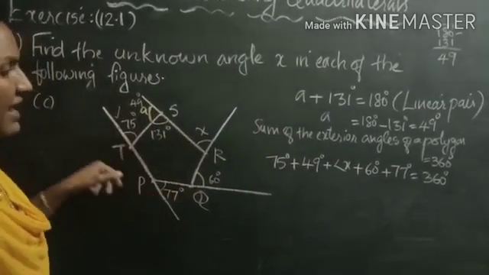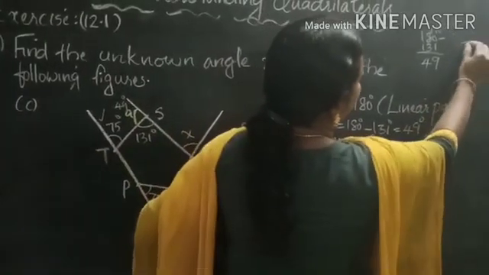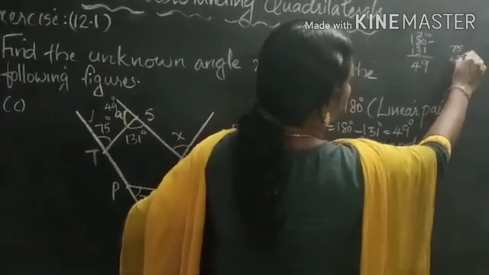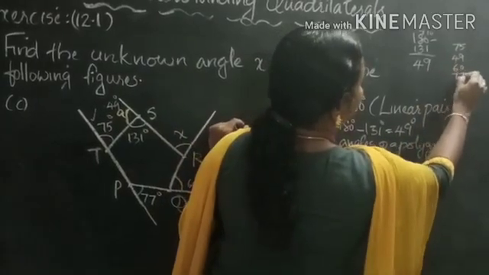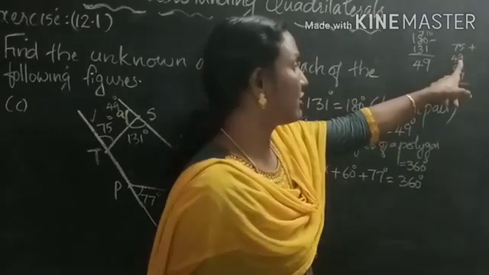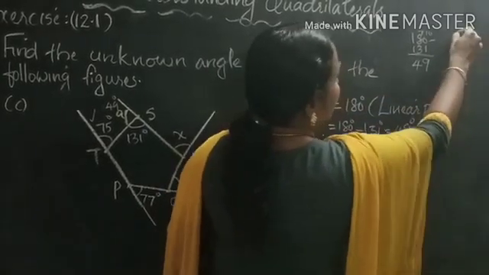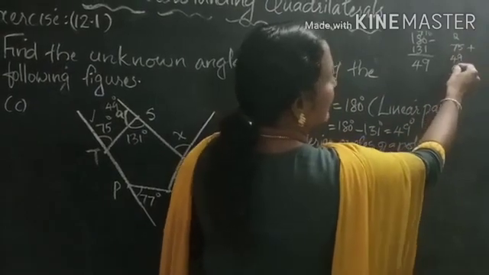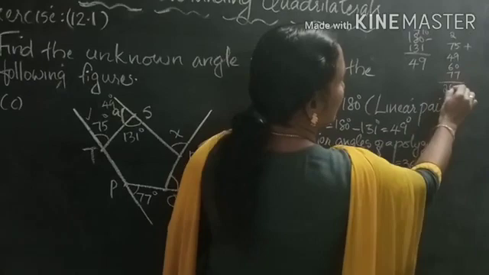Adding 75 plus 49 plus 60 plus 77: 5 plus 9, 14, 14 plus 7, 21. Balance 2. 9, 9 plus 4, 13, 13 plus 6, 19, 19 plus 7, 26.